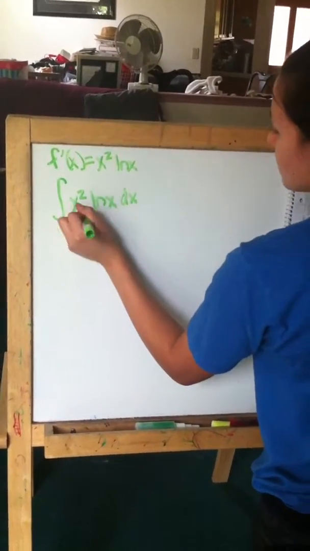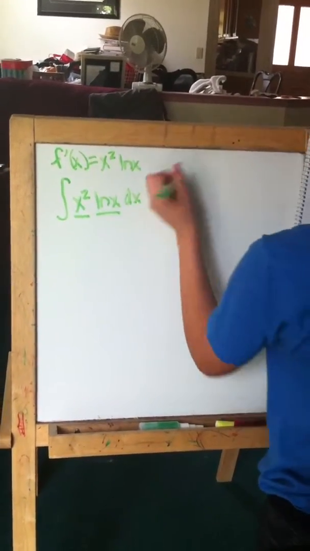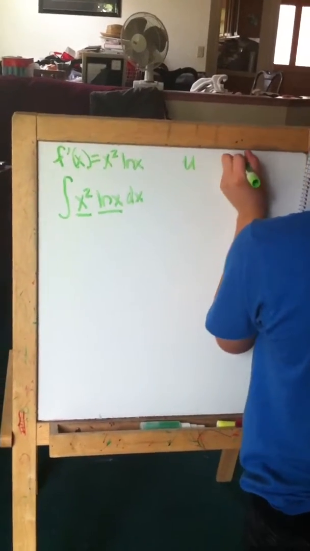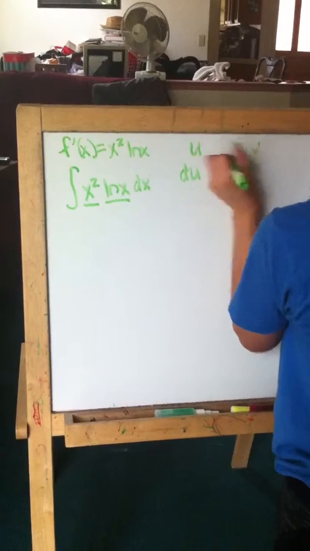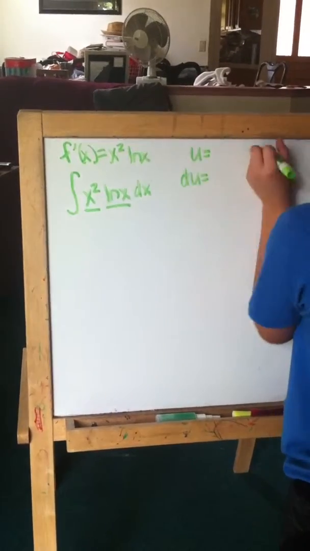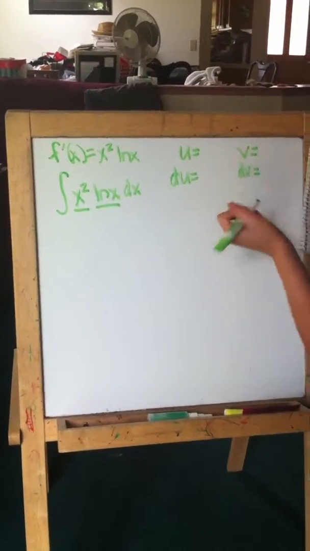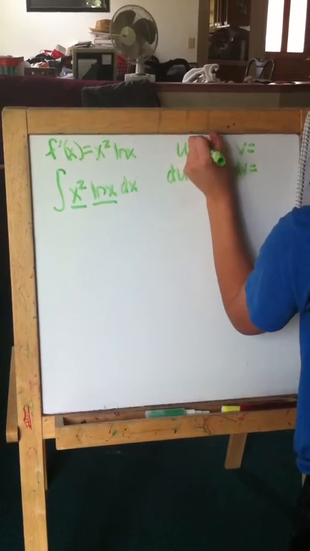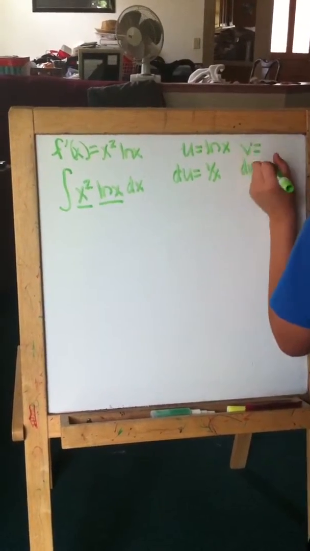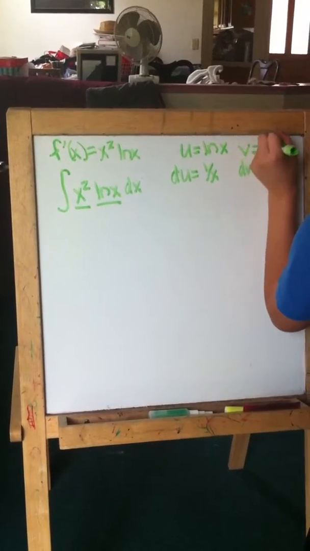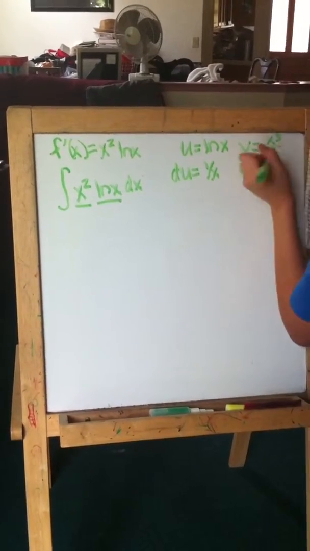You have to use integration by parts, so we set up u, v, du, dv. Ln x is your u, its derivative is 1 over x, and x squared integrates to x cubed over 3.